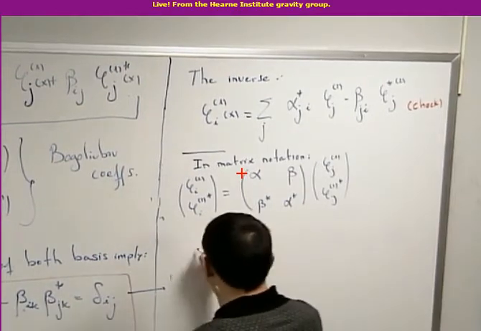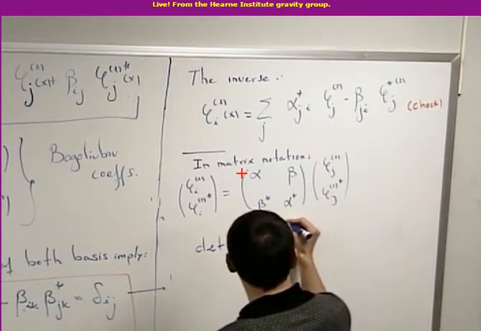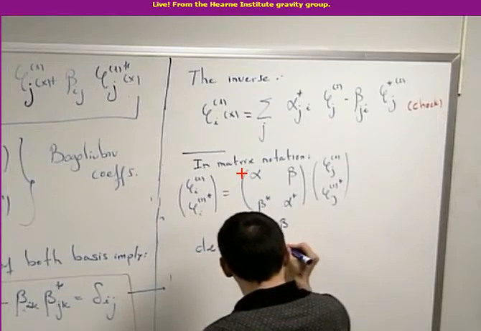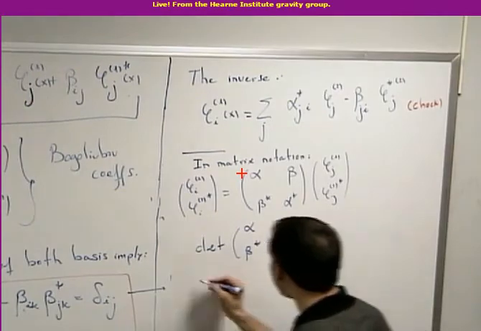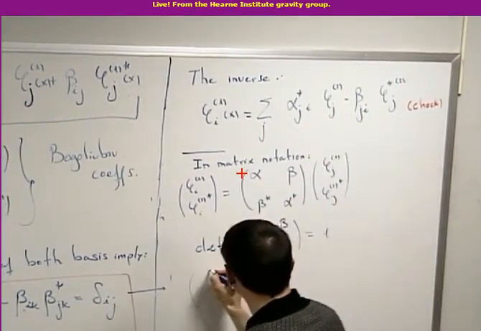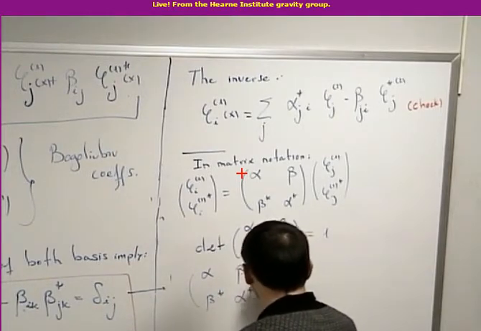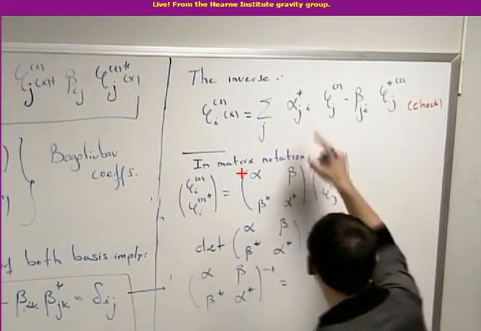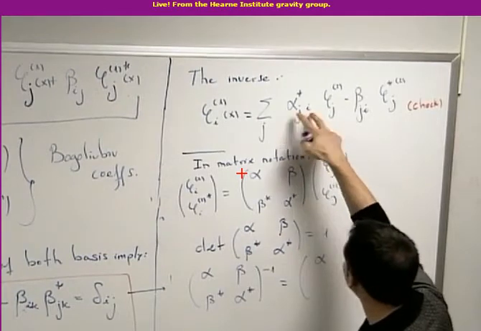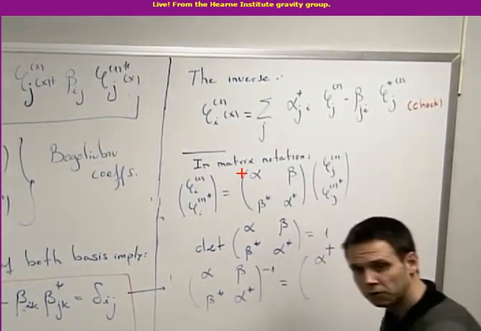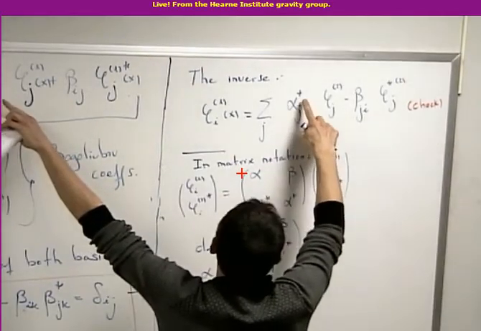And this equation 10 just tells us that the determinant of this matrix of matrices is equal to 1. And the inverse, which I'm writing here, is the inverse of this matrix. The inverse of this matrix is what we are obtaining here, is alpha with conjugation and the indices changed in order. So this is the Hermitian adjoint of alpha, because we are conjugating it and changing the order of the indices.